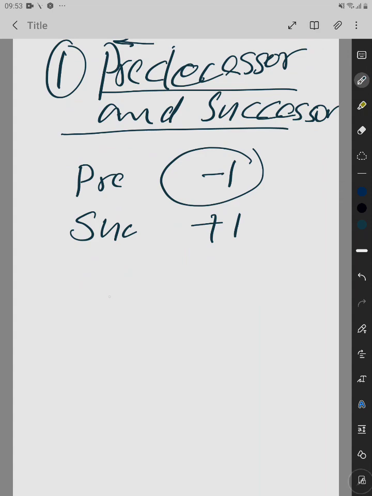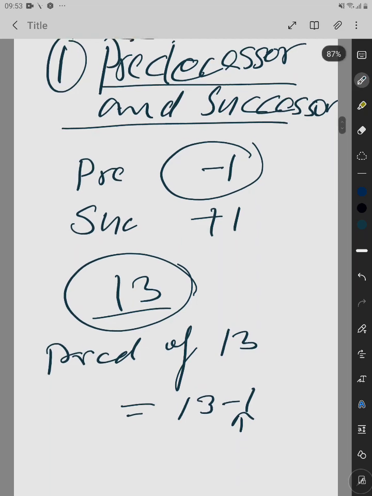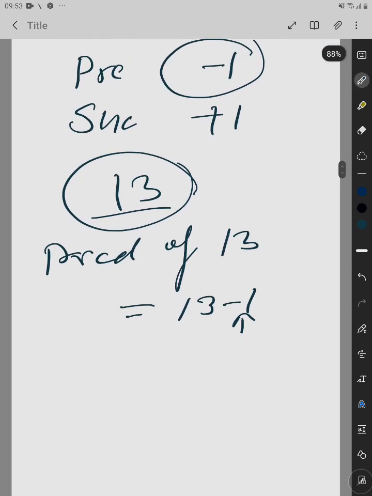For example, take 13. If you want to get the predecessor of 13, it can be found as 13 minus 1, because we want to find what is before it.